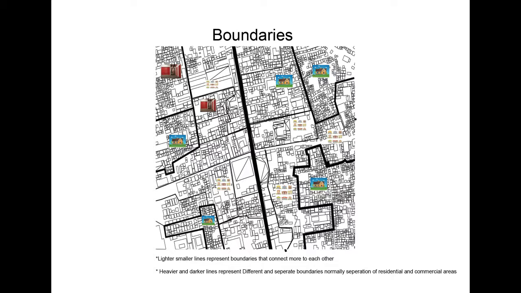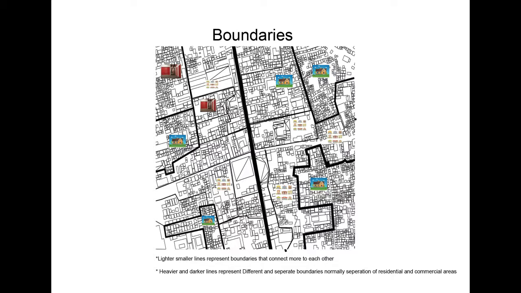Moving on to the boundaries. The boundaries are mostly a difference of residential, cultural, and commercial areas. The storage areas have different uses for that boundary, and the entire row is mostly storage areas.